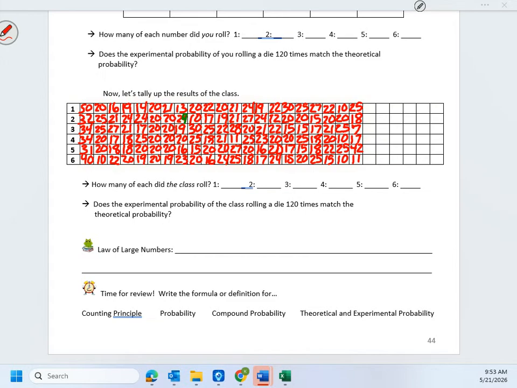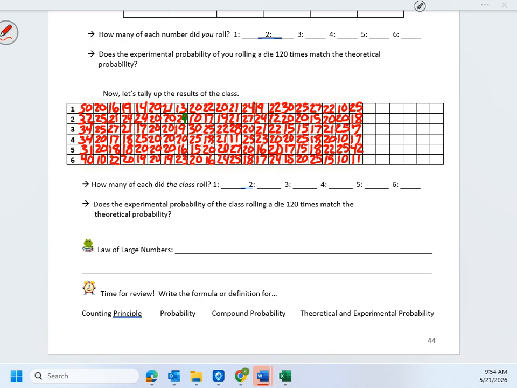And our sixes, we have 40, 10, 22, 20, 19, 20, 19, 23, 20, 16, 24, 25, 18, 17, 24, 18, 20, 25, 15, 10, and 11.